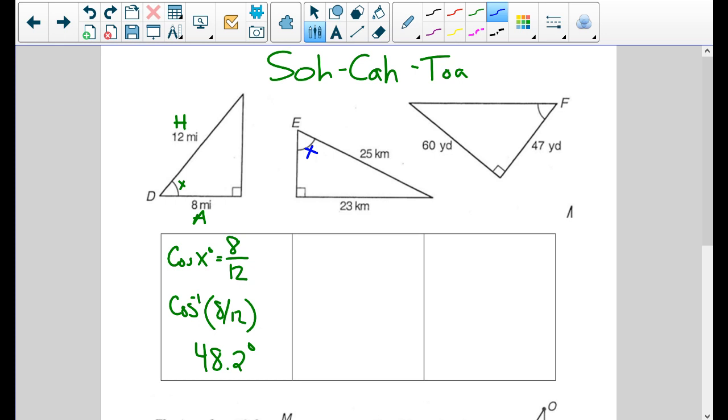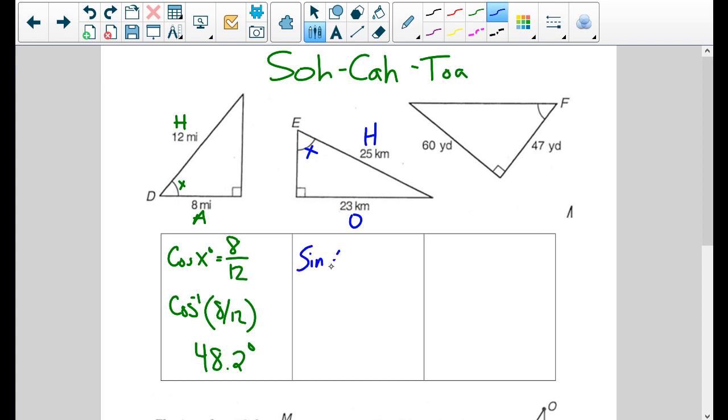Now we want to try and find E in number 2. So let's label my angles. 23 and 25, what are they? 23 is opposite and 25 is hypotenuse. So OH uses sine.